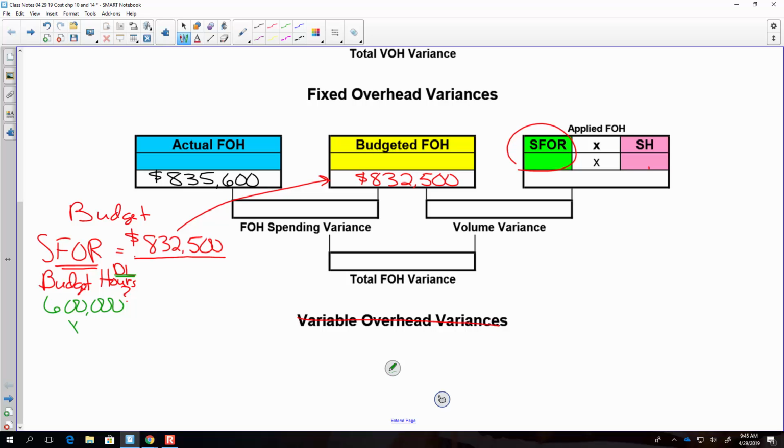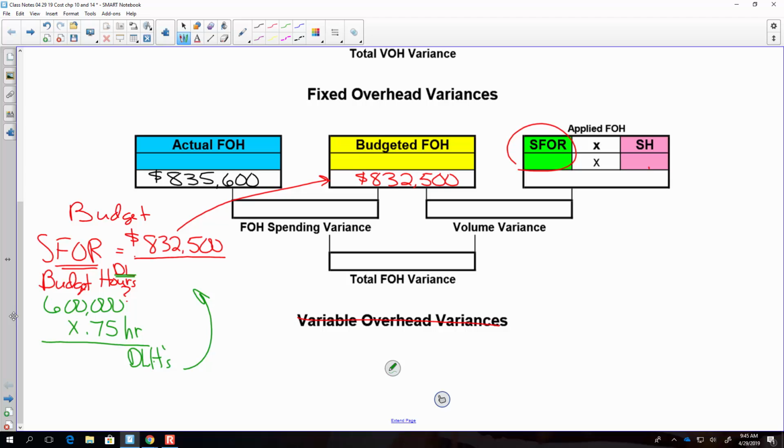So I'm going to have to multiply this by some number or some rate. What's the rate? 0.75, right? 3/4 of an hour. So that will convert my units to direct labor hours. That's the goal here, because that's our bottom number.